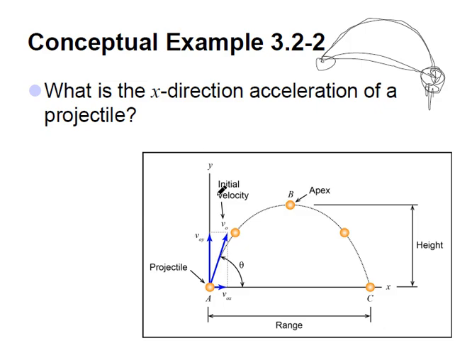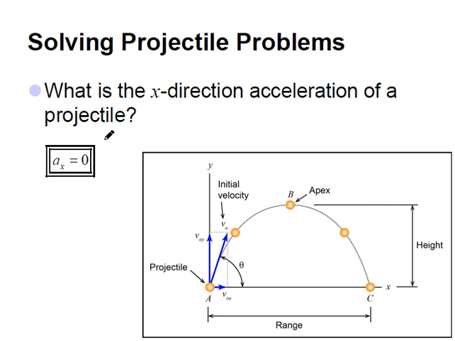Okay, so here, what is the x direction? So we're dealing with the x direction acceleration of a projectile. So now we want to know the acceleration of that projectile. So we come into here. If you think about the acceleration in the x direction of the projectile, that would be 0, because you're going with a constant velocity, okay?